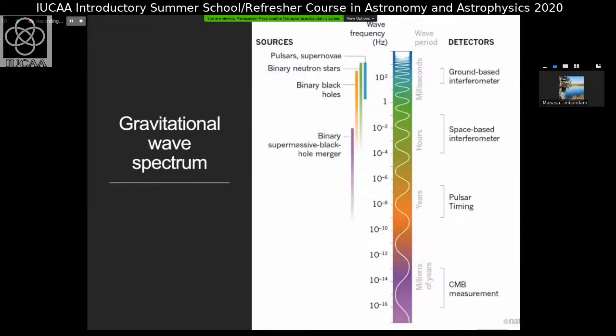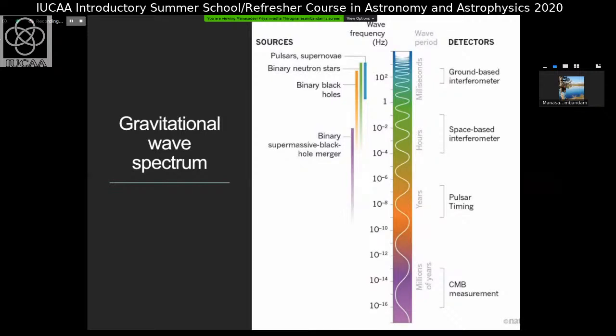Now if you look at a gravitational wave frequency spectrum, like electromagnetic waves, we can put the gravitational wave frequency spectrum as well. In this spectrum, you see the different sources listed on the left-hand side, and the sort of detectors that can typically detect such sources on the right-hand side.